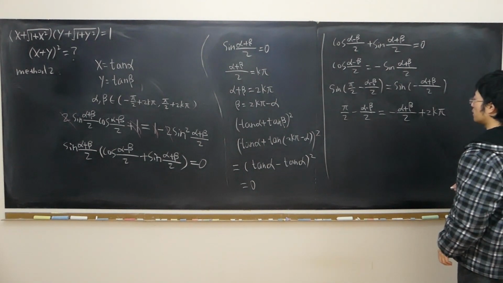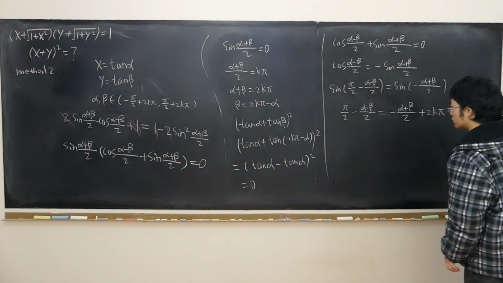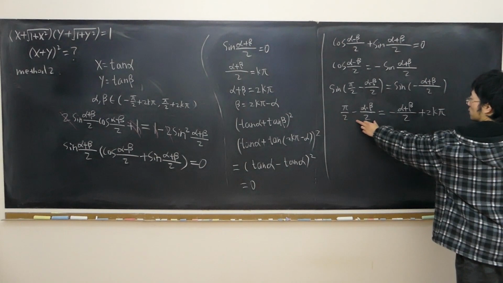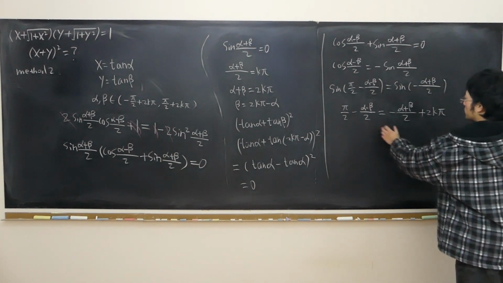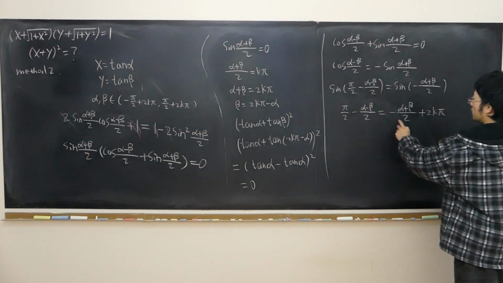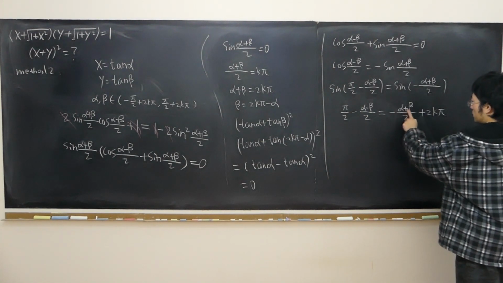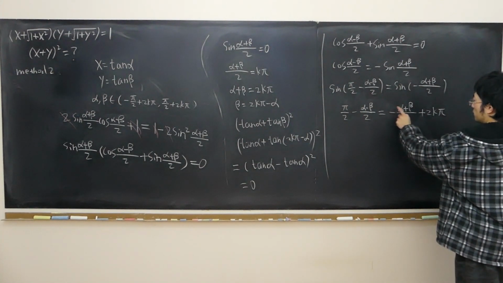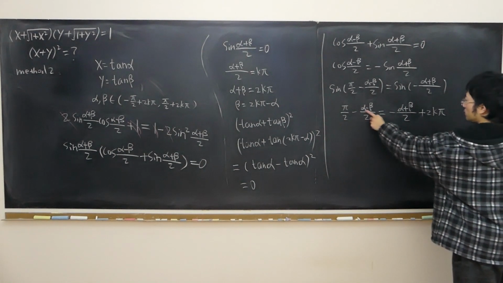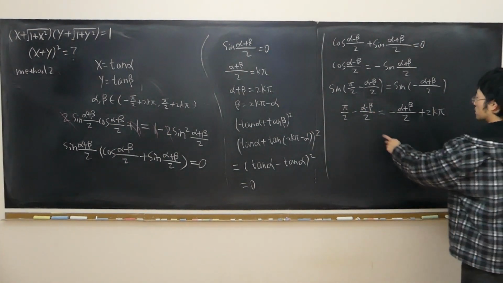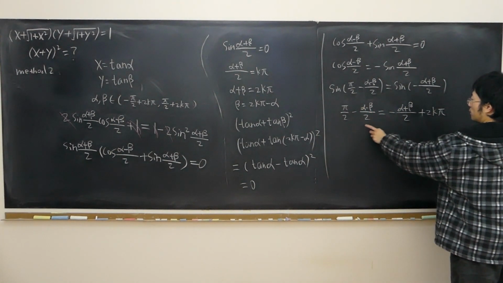Okay, so let's quickly rearrange the equation. This moved over there becomes positive. So alpha minus beta, here we have a minus alpha, so minus alpha minus beta. So this becomes positive alpha.